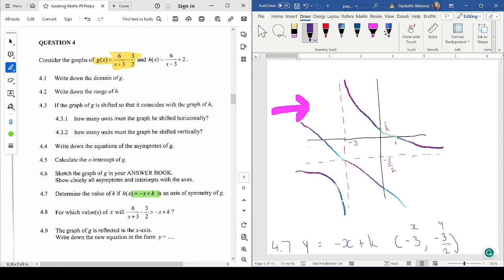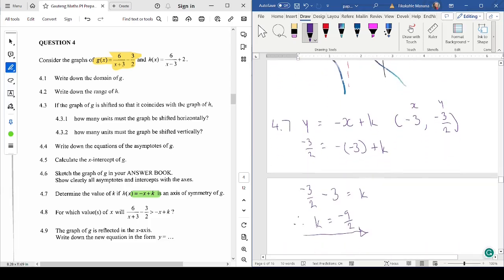Okay, so our answer then will be any value that is greater than minus 3. We will always have this condition where the graph is greater. By greater, visually, it means it's on top, it's above.